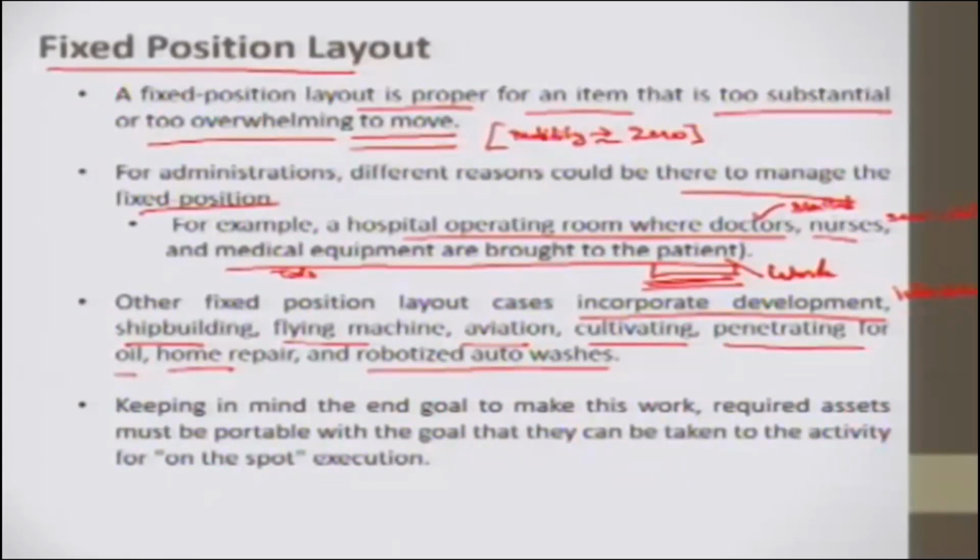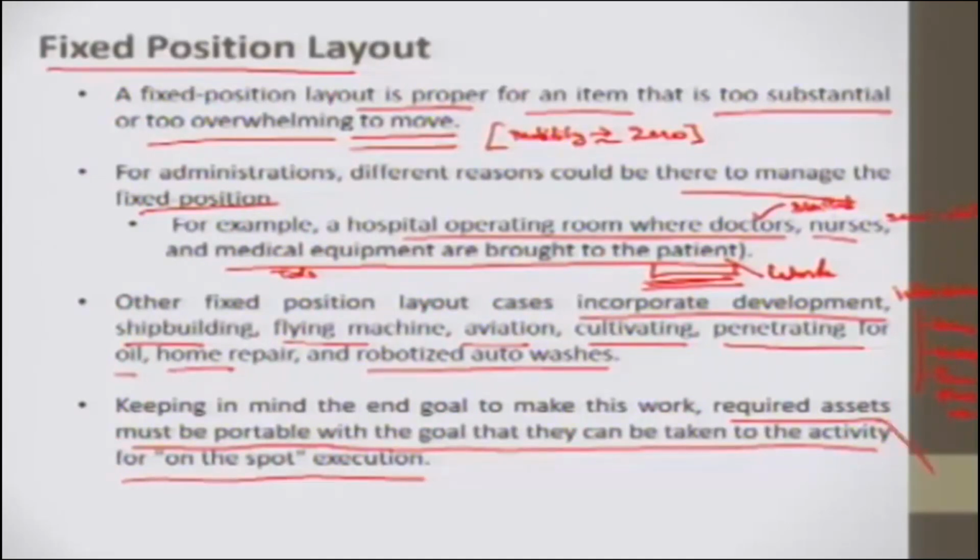In this infrastructure I could say the dams, buildings, some power plants, etc. Now, to make this work, the required assets must be portable so that they can be taken to the job on the spot. Here assets are my tools. Tools must be portable, which can be taken to the product that is to be manufactured.